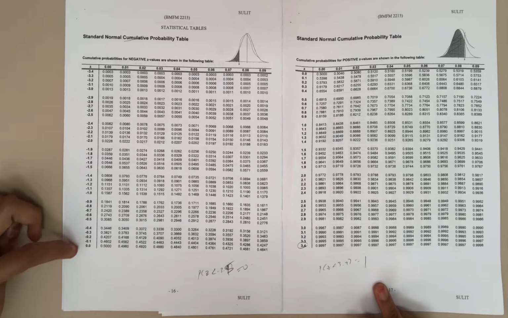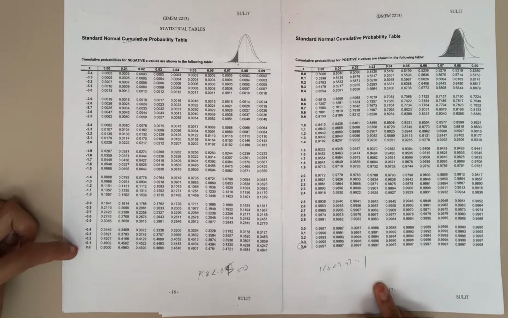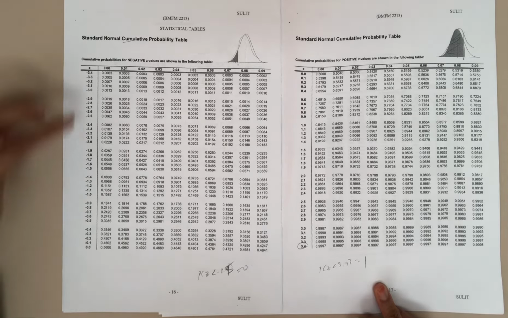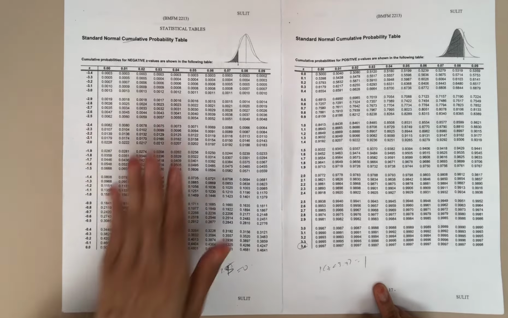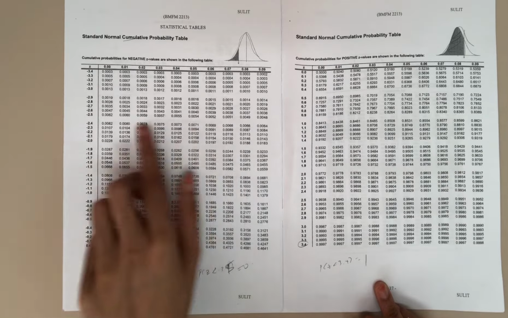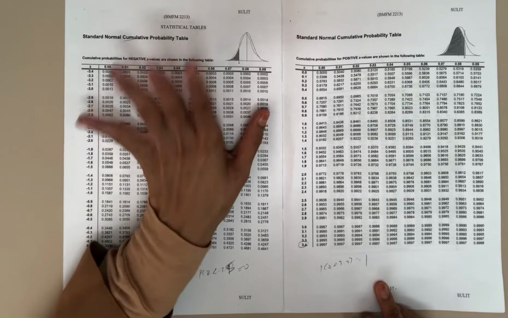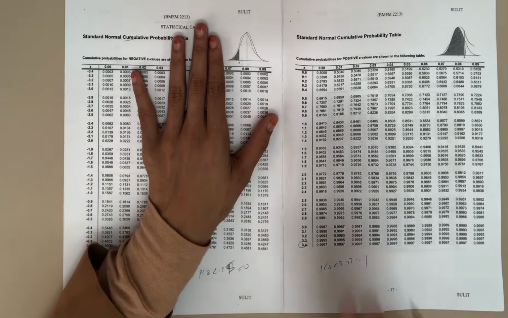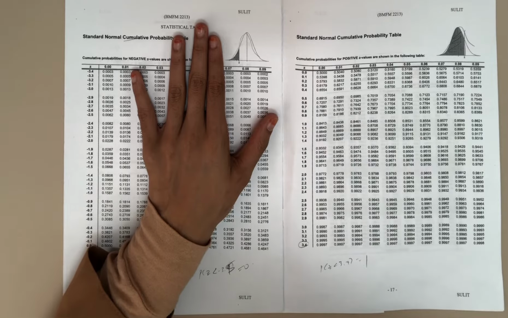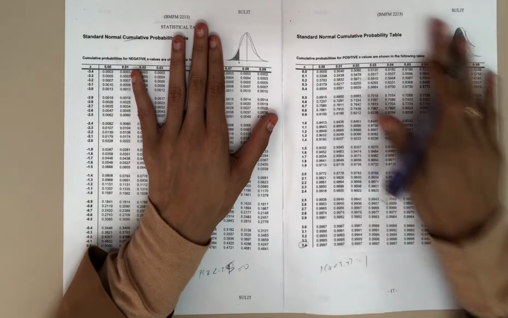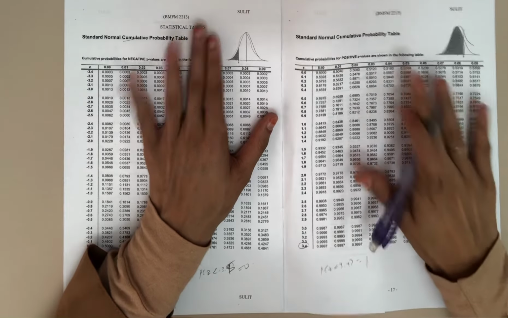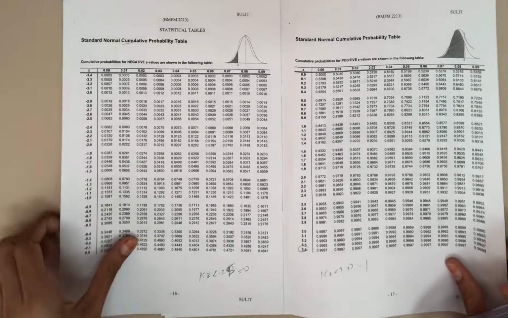Then if you get the value of Z within this range, for example your Z is negative 2.4, then negative 2.4 is here, so you just focus on this page. If your value is positive, from 0 until 3.4, for example, then you use this area. So you need to have this table, and I already uploaded it.